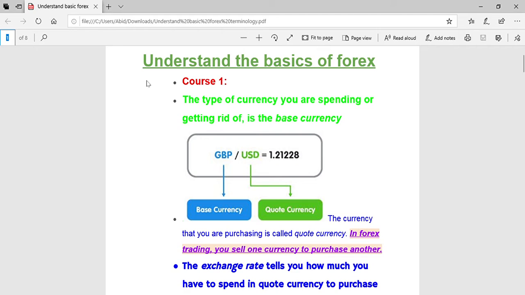So let's get started. Here's course number one. I titled it understanding the basics of forex. Typically we are trading currency in this, called fiat currency. There are two types of currency in this world right now. One is cryptocurrency, which we are not trading here.